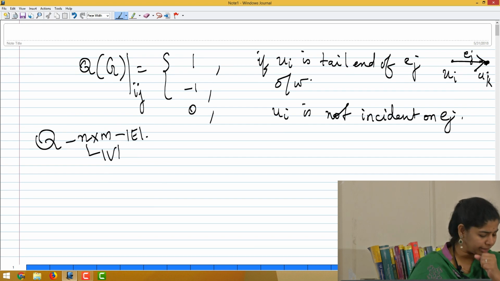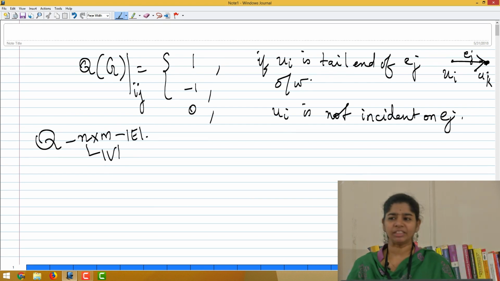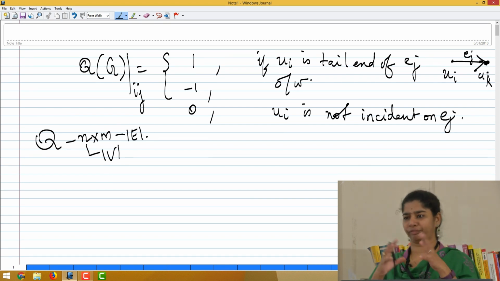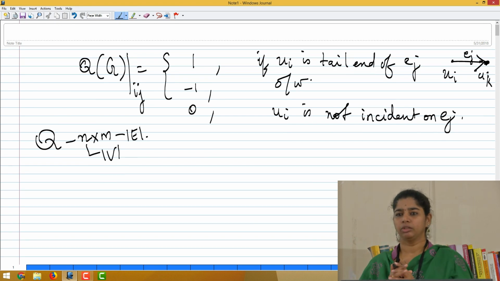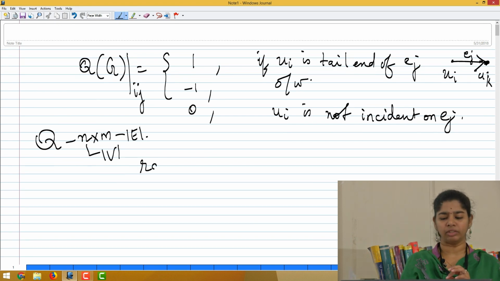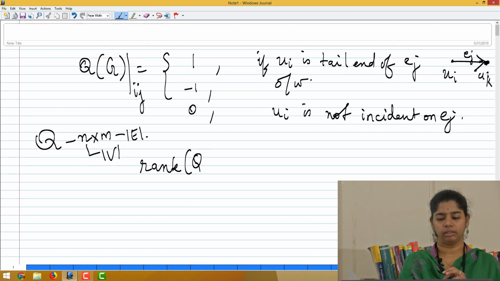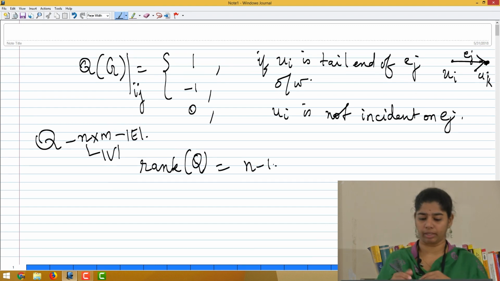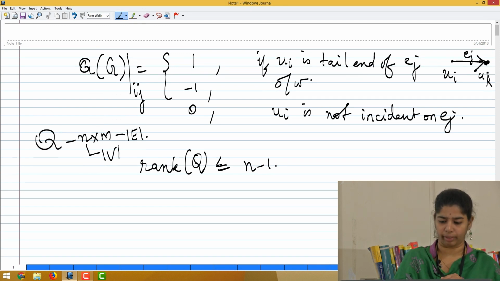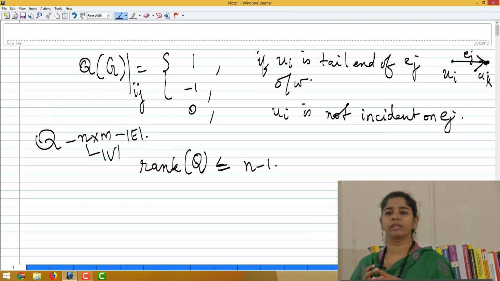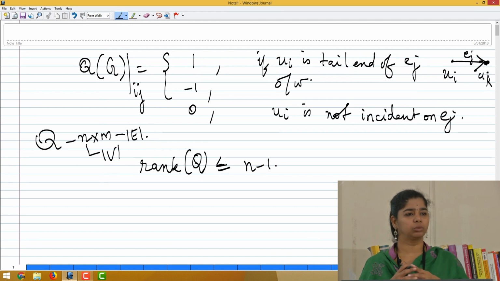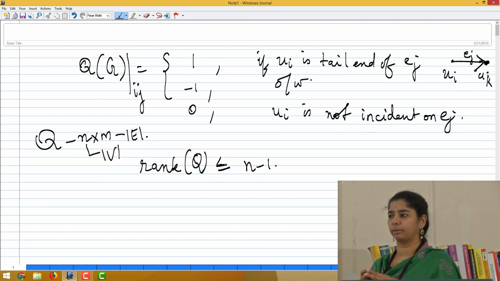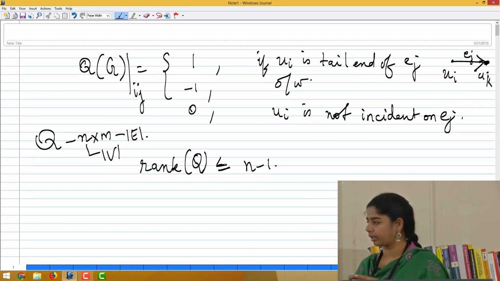So what can we say about the column space of this Q? We have already seen that the rank of this matrix is at most n minus 1, depending on whether our graph is connected or not. It would be n minus 1 or n minus k, depending on the number of components. This much we have seen already.